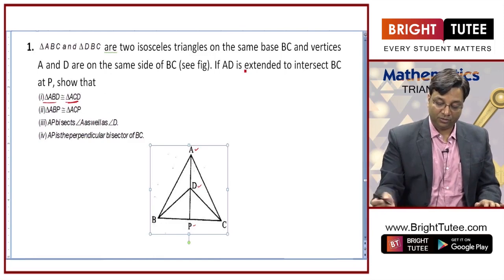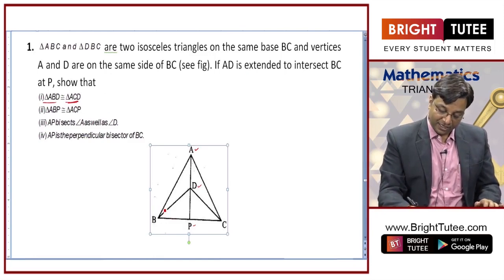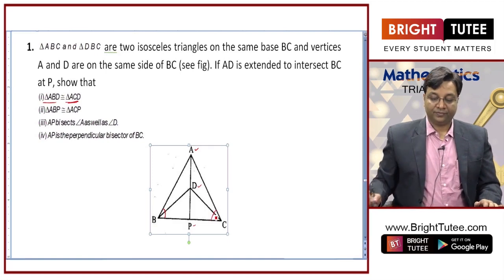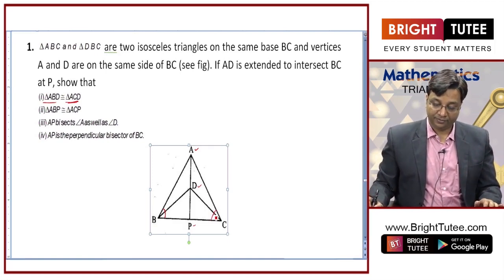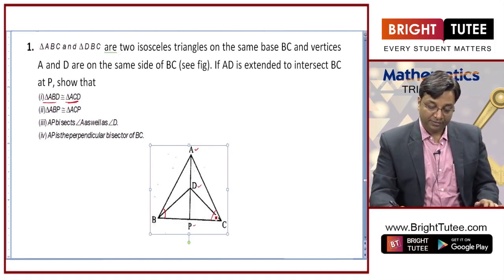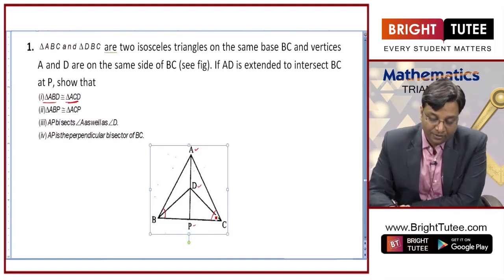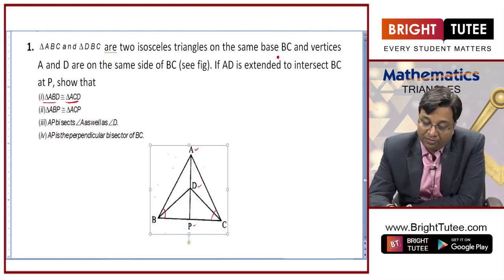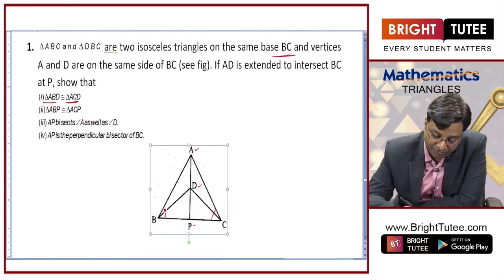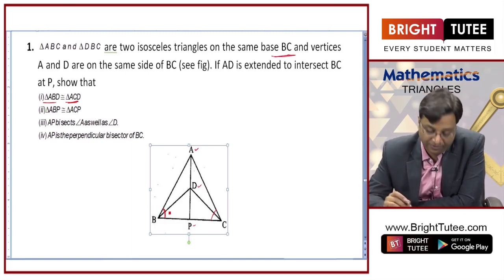It is given that these two are isosceles triangles. So, I can say this angle is equal to this angle here, right. Triangle ABC is an isosceles triangle on the base BC, so base angles B and C are equal.